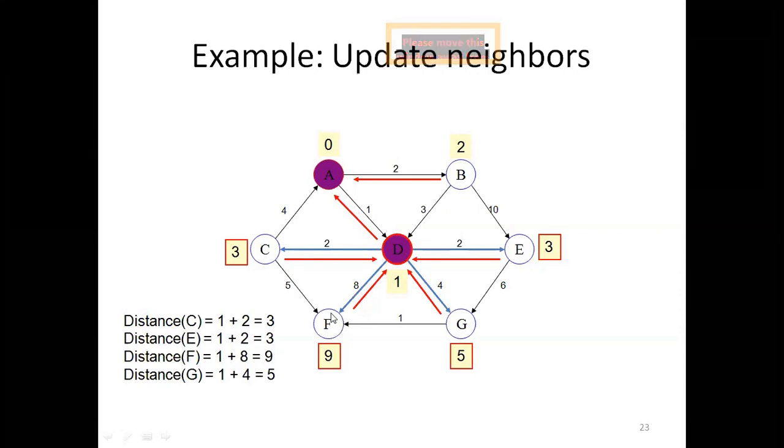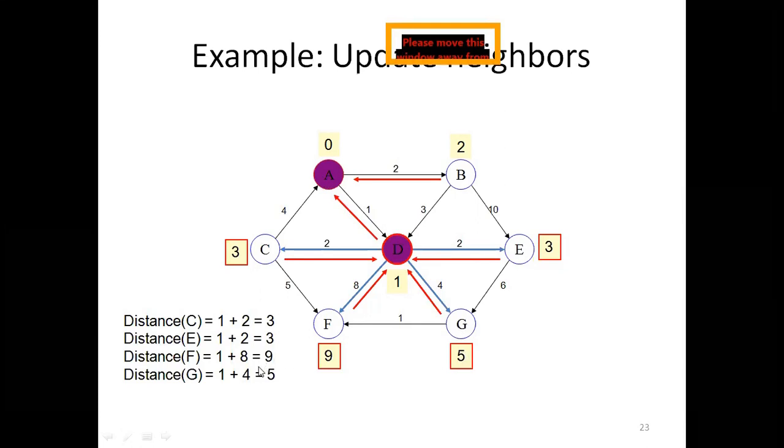So distance at F is 9. From vertex A, the distance to G is 5, since 1 plus 4, 5. A to D is 1, D to G is 4, so total 5.